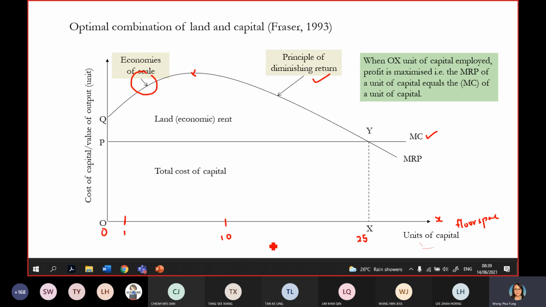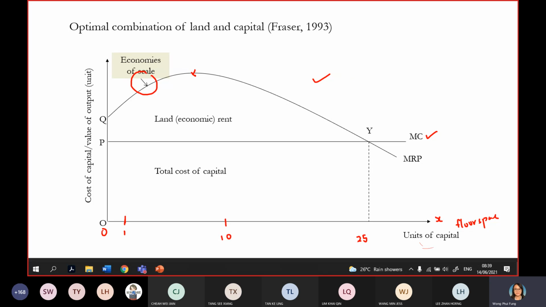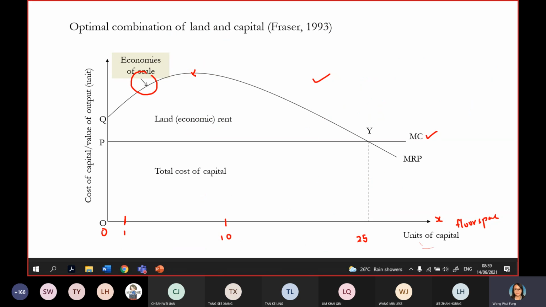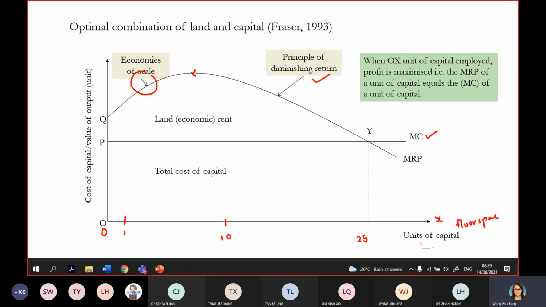Why after 10 floors does your revenue start to fall? It is because of the reason I mentioned just now: why the higher you build, these are the factors that increase the cost of the building that the developer needs to consider. So that is the reason why after 10 floors, your production starts to fall and your revenue starts to diminish.